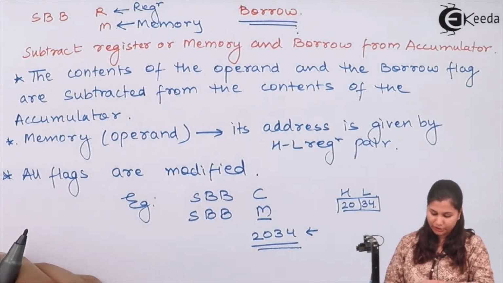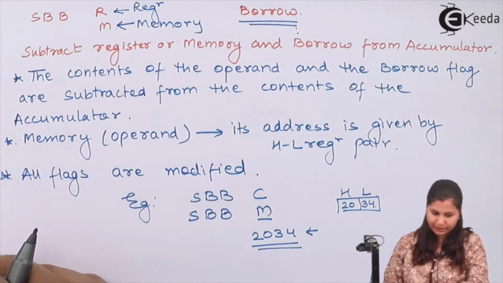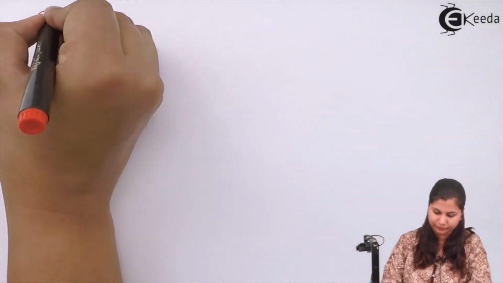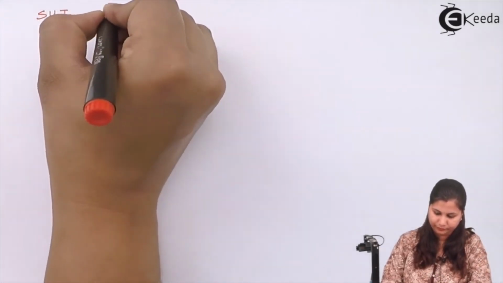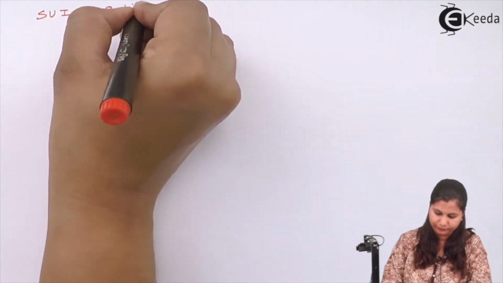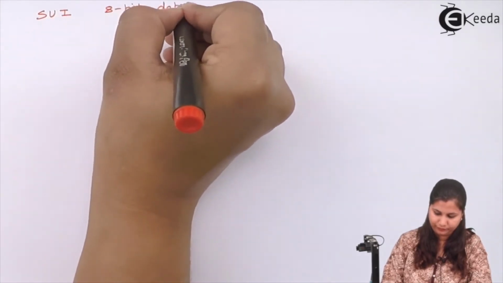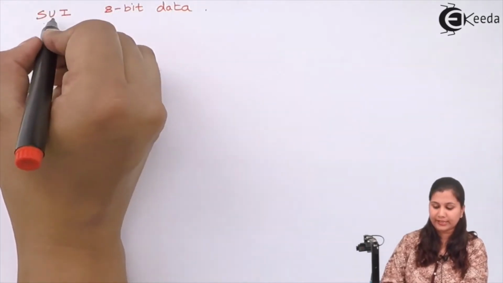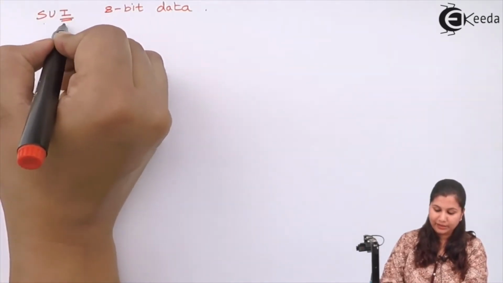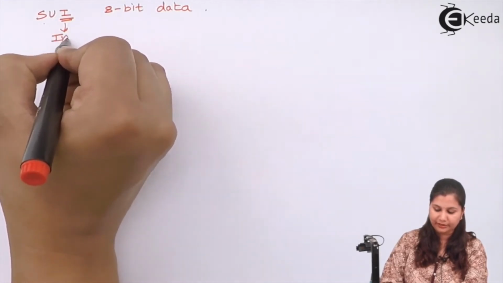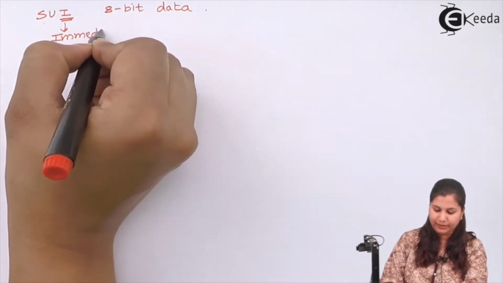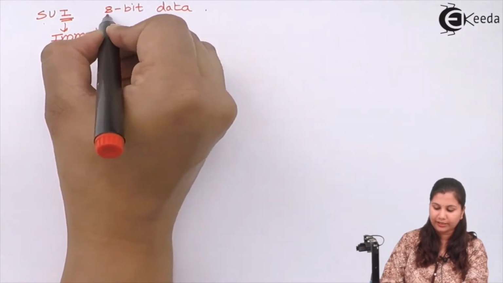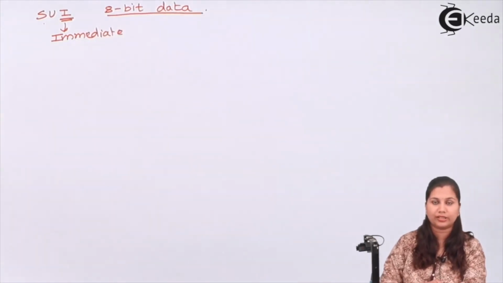Now the next instruction, again for subtraction, is SUI. This I means we have an immediate data here, and this immediate data is given in the instruction itself.